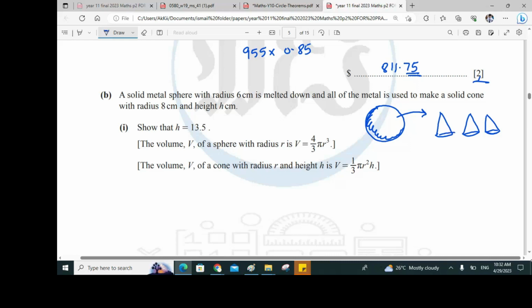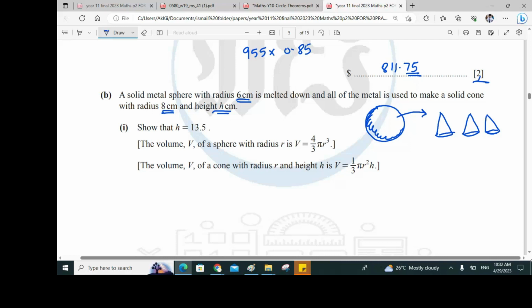So it means that if a solid metal sphere of this many centimeters is melted down to make cones of this radius and this height, what you need to know is that the volume of both of them will be the same, right? So you have to equate these two in terms of volume.